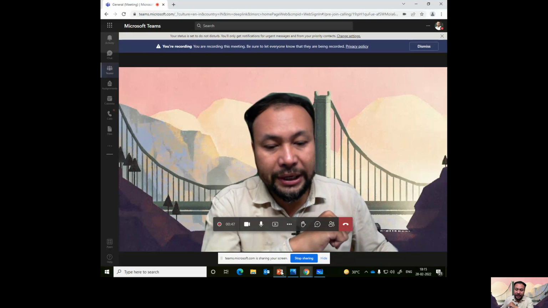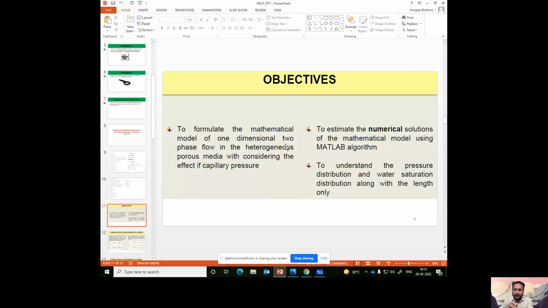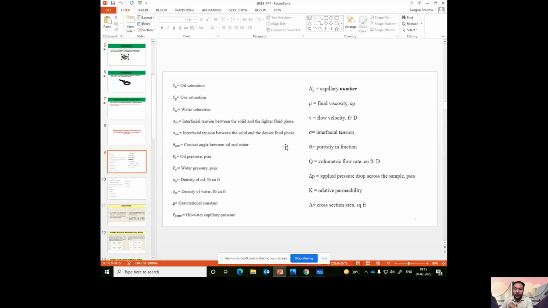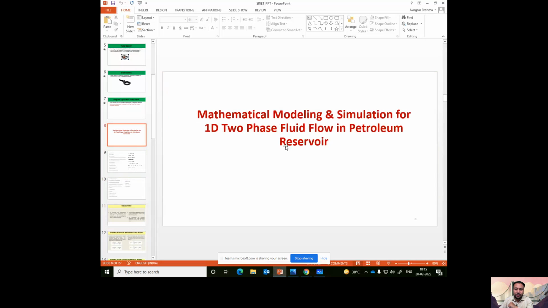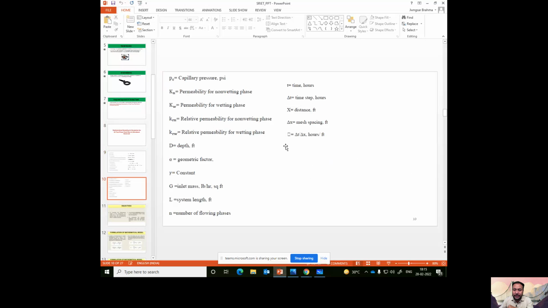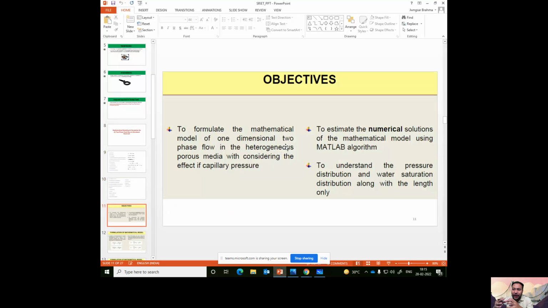Just have a look at the slide to see what we did in the previous lecture. Mathematical modeling and simulation for one-dimensional two-phase fluid flow in petroleum reservoir. Our aim in the previous lecture was to formulate one mathematical model, which is called mathematical modeling, by taking the petrophysical parameters.